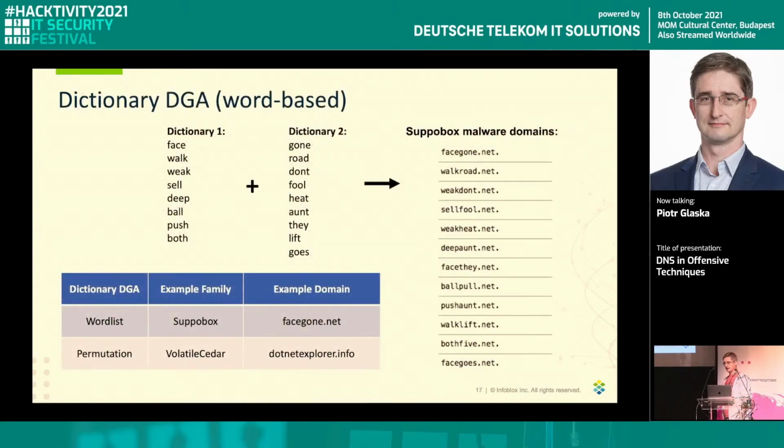Another technique, which is also one of the advanced techniques, is DGA, and specifically dictionary DGA. A typical domain generation algorithm works like this. After initial infection, instead of connecting to a hard-coded domain name, the malware will generate a domain name from random characters and try to resolve it.